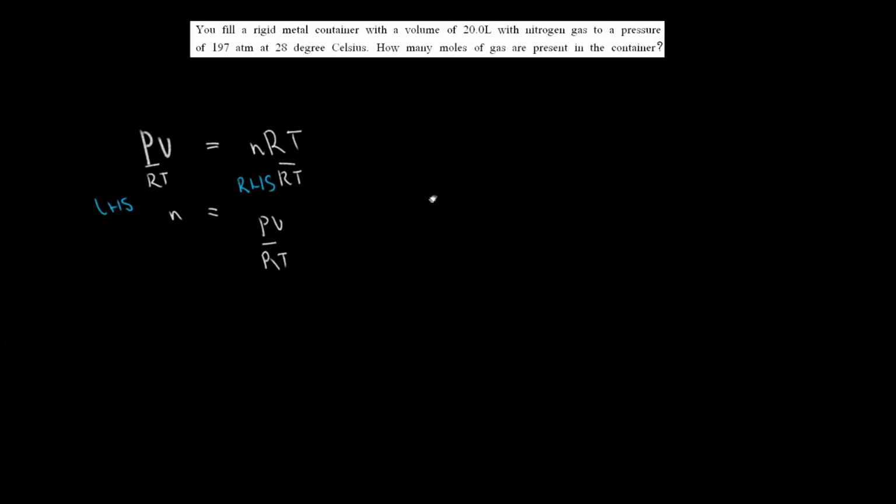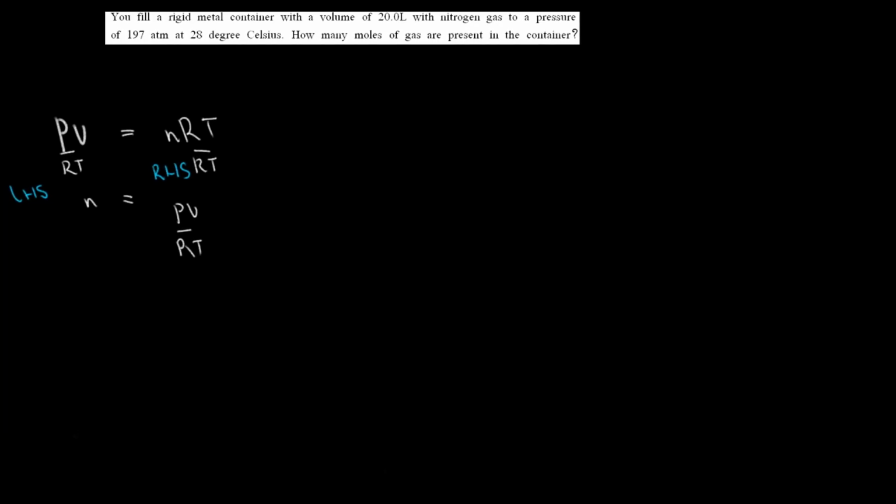Now let's list what we have. Our volume is given as 20 liters. Our pressure is given as 197 atmospheres.